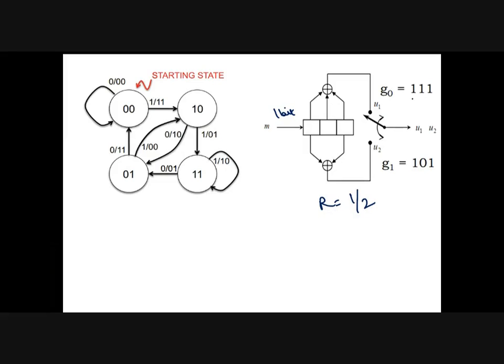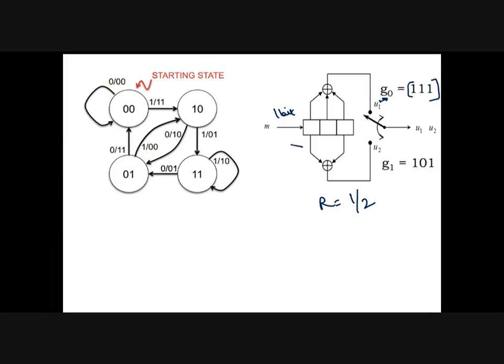As discussed in the previous lecture, we can find the generator vector for individual outputs. For U1, it will be 111 because all three are connected: present, 1 bit past, 2 bits past. And for U2, it will be 101, because it is connected to the present as well as the second past bit.